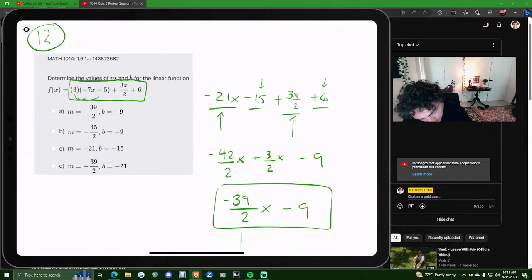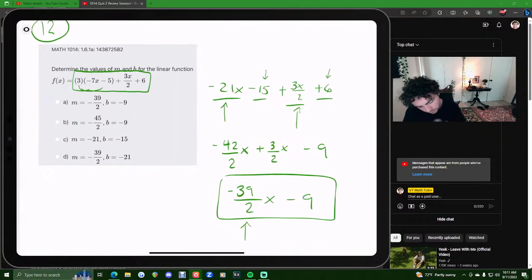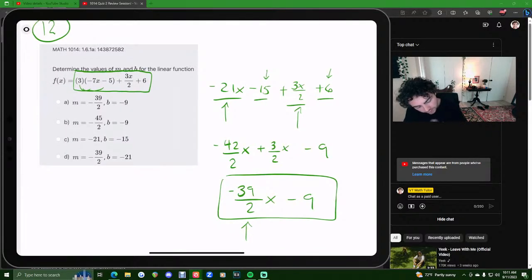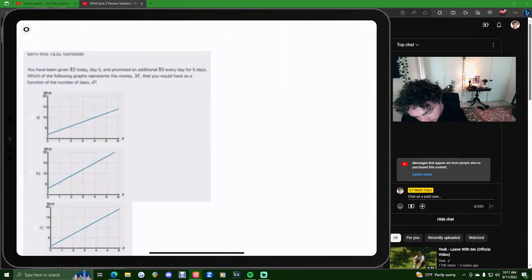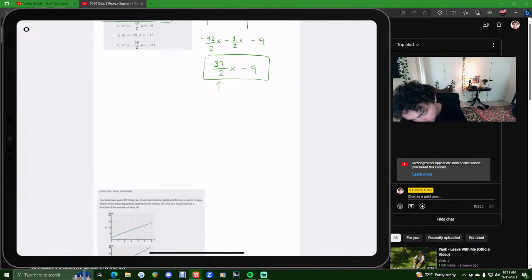So our m, keep in mind this is in the form of mx plus b. Now we have a coefficient times x and then a constant next to the x, so the b. So we have negative 39 over 2 and negative 9. We're looking for option A, and that's all there is to it. All right. That was number 12. Let's do number 13.